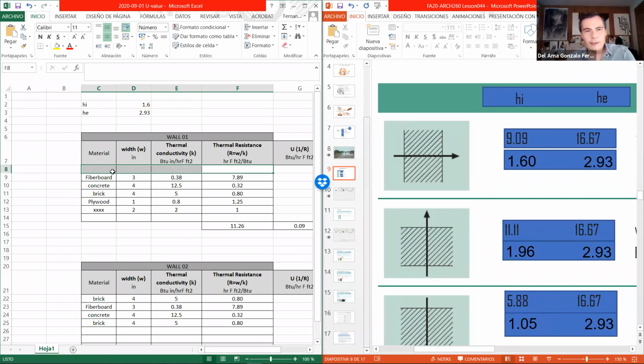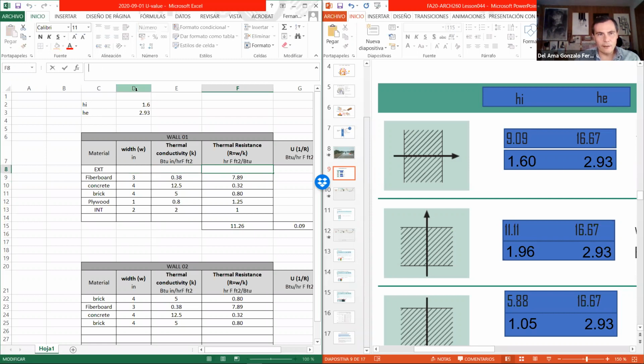And now, imagine that we delete these cells here, and here I can type text, and here I can type in. So here we don't have a width, and we don't have a thermal conductivity. I have a thermal resistance, and the thermal resistance of the exterior air layer is 1 over HE.